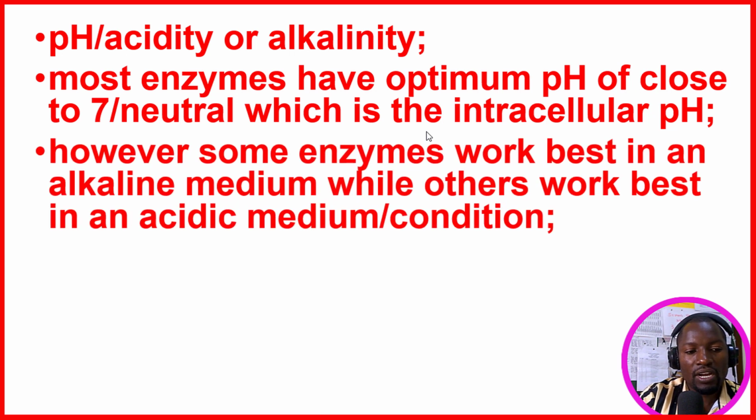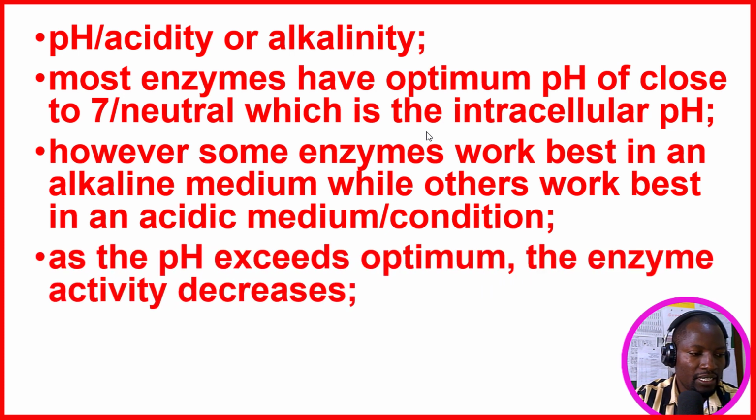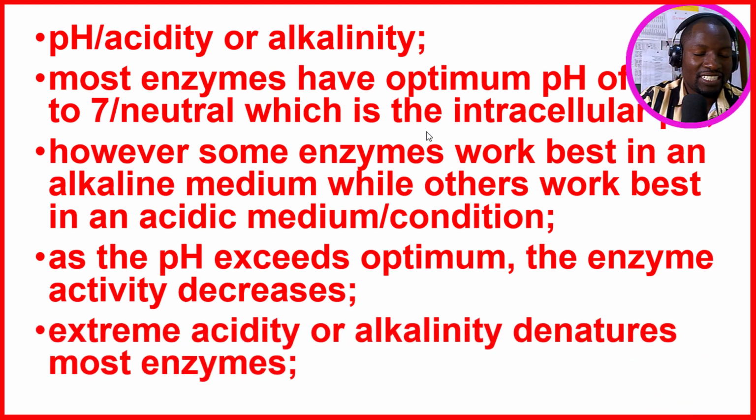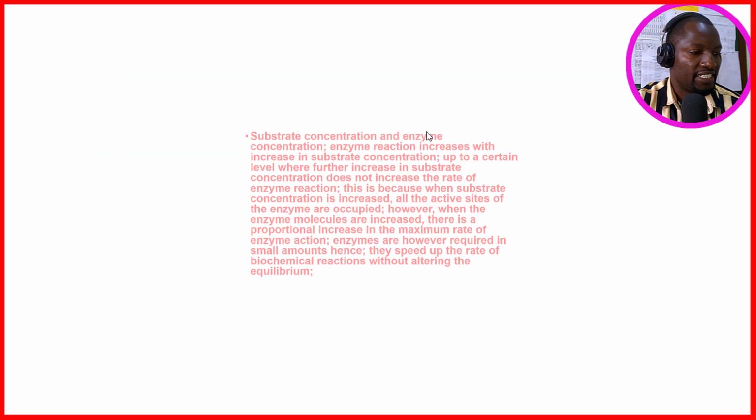However, some enzymes work best in an alkaline medium, while others work best in an acidic medium. So as the pH exceeds optimum, we're talking about pH 7, the enzyme activity decreases. So extreme acidity or extreme alkalinity denatures most of the enzymes.